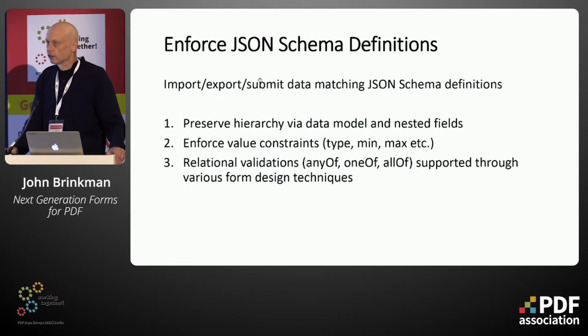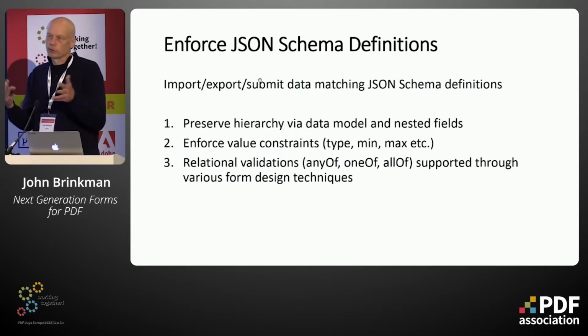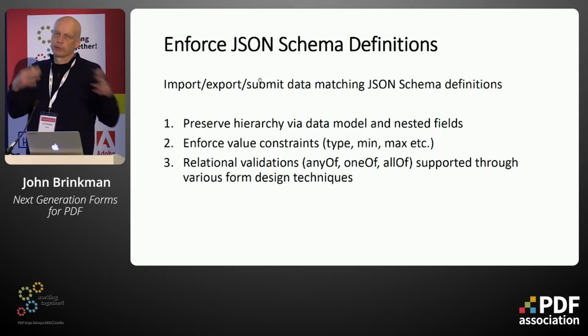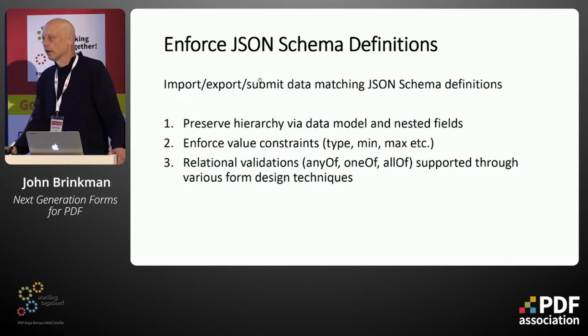Then we've taken on many of the value constraints and validations that come from JSON schema. And then lastly, JSON schema has some relational attributes. You can express a schema that might have, let's say, an American address versus a Canadian address versus a UK address. And you'll have tools that will enable you to make sure that your data conforms to whichever one is appropriate.